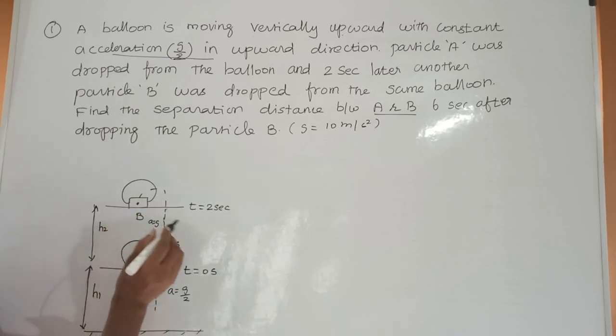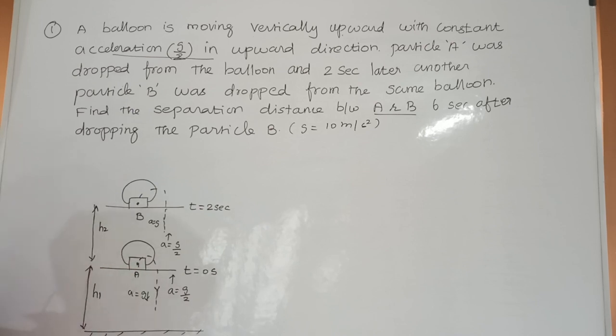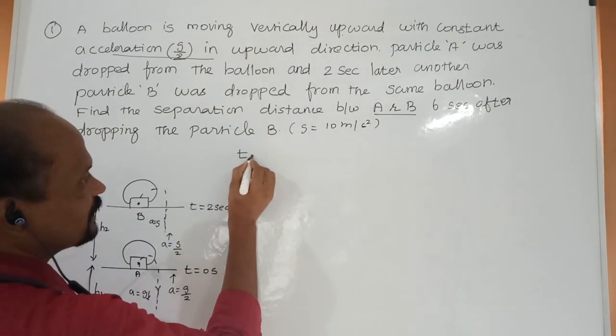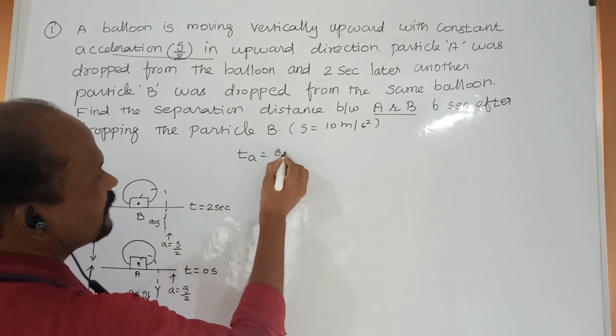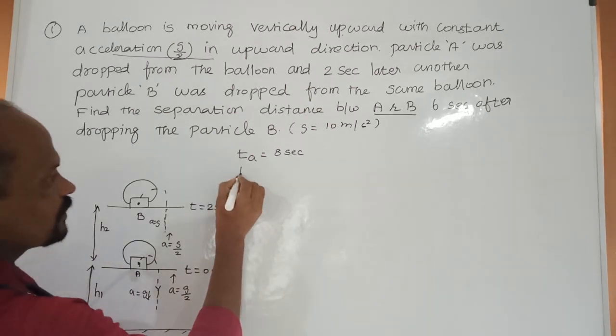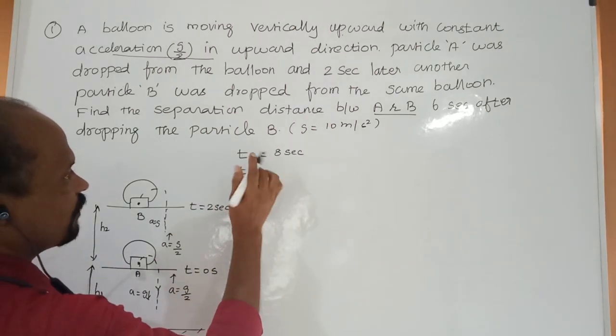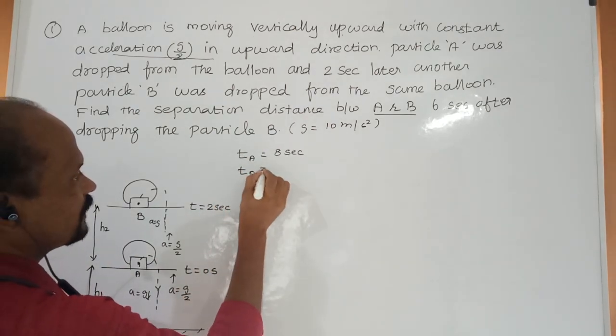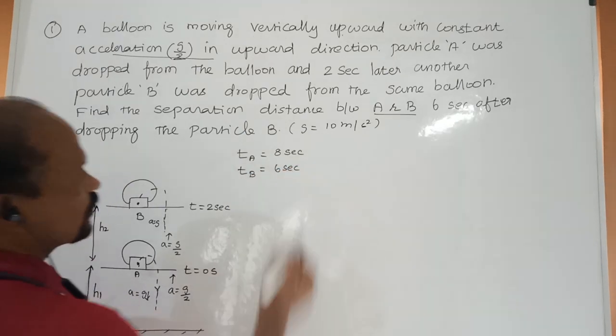So here, the time of flight of particles A and B. The time of flight of particle A equals 8 seconds. The time of flight for particle B equals 6 seconds. Why?